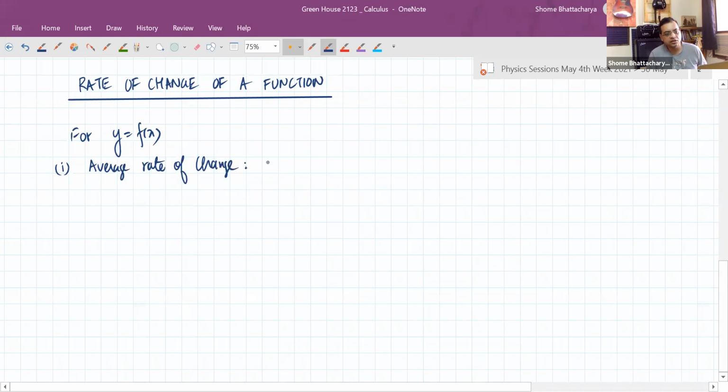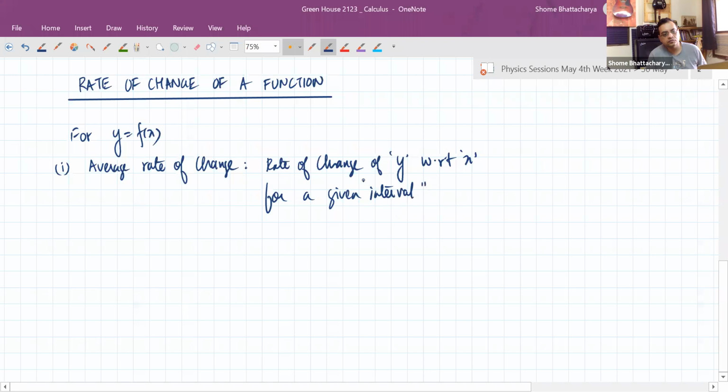It is the rate of change of y with respect to x for a given interval of x, let's say from x1 to x2. So we have the formula for average rate of change.